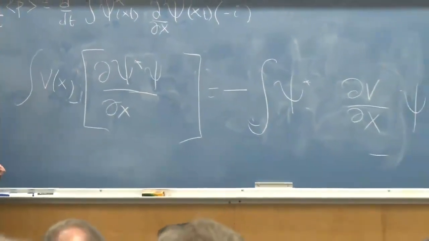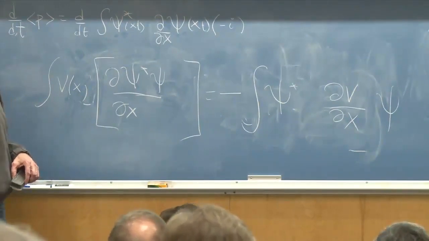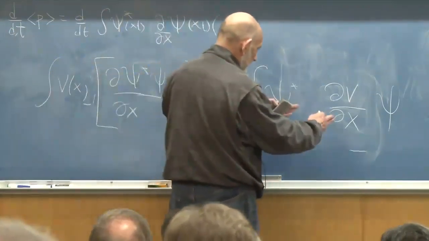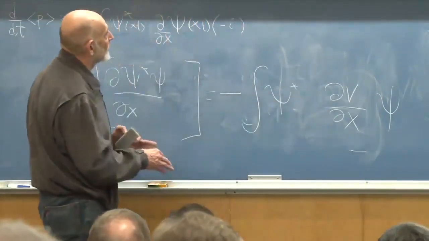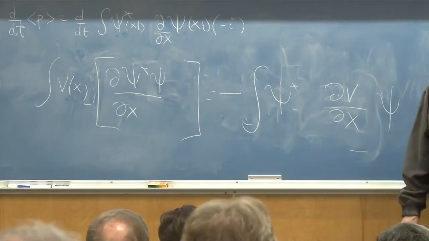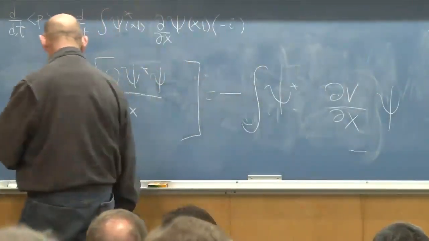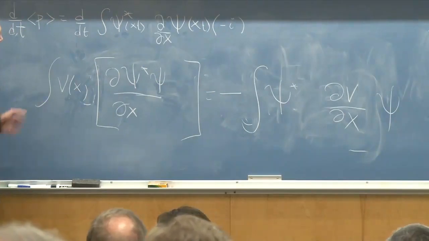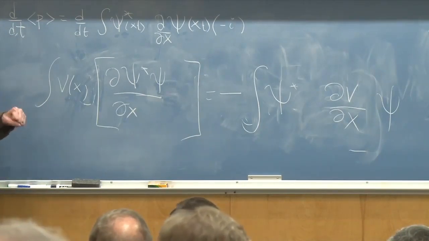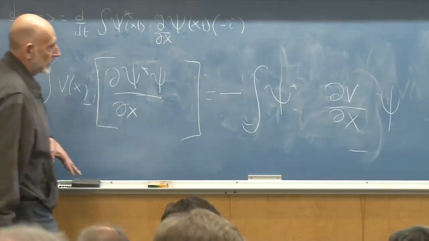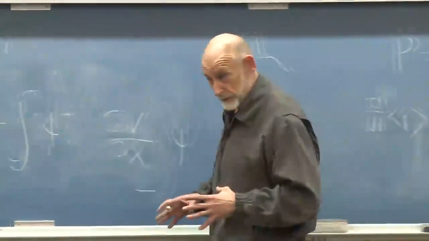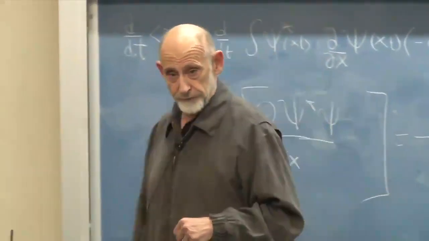The integral of psi star psi times dv dx, that's the expectation value of dv dx. In other words, it's exactly this. So what we found after a slight bit of painful integration by parts and a little bit of algebra and throwing away some things which I told you were pure imaginary, which they were, we find that dp by dt is exactly equal to minus dv by dx, but in the sense of expectation values.